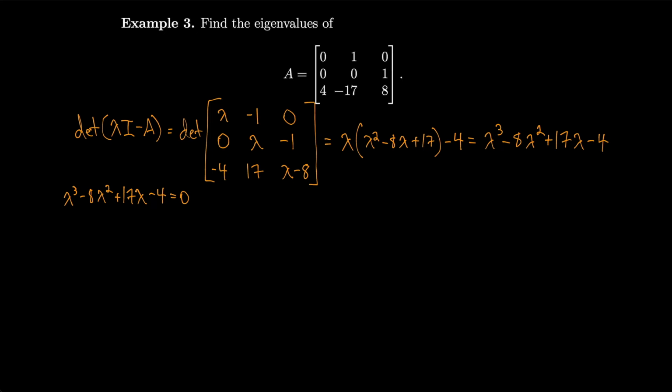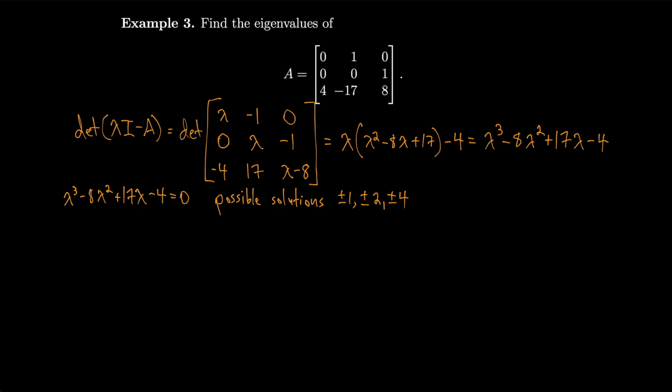I'll use the rational root theorem, which says that possible solutions to this polynomial equation are when we take the last term, divide it by the coefficient of the first term, which is 1. So I'll end up with all of the different factors of 4 divided by 1, which is just 4. So that's plus or minus 1, plus or minus 2, and plus or minus 4. Those are all the factors of 4 divided by 1.